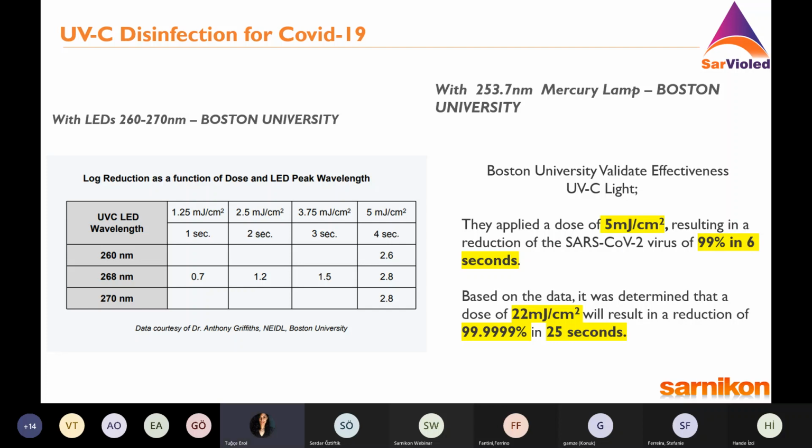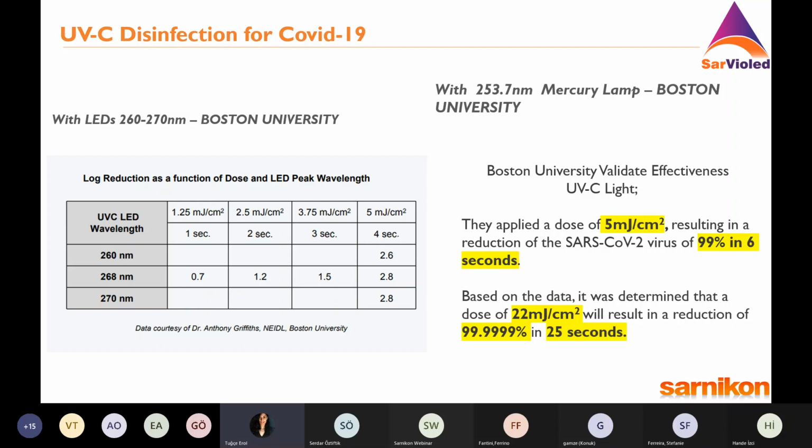Until today, many studies have been done by private sector laboratories and universities. I would like to show some numbers here. After a few seconds, you can effectively reduce SARS-CoV-2.